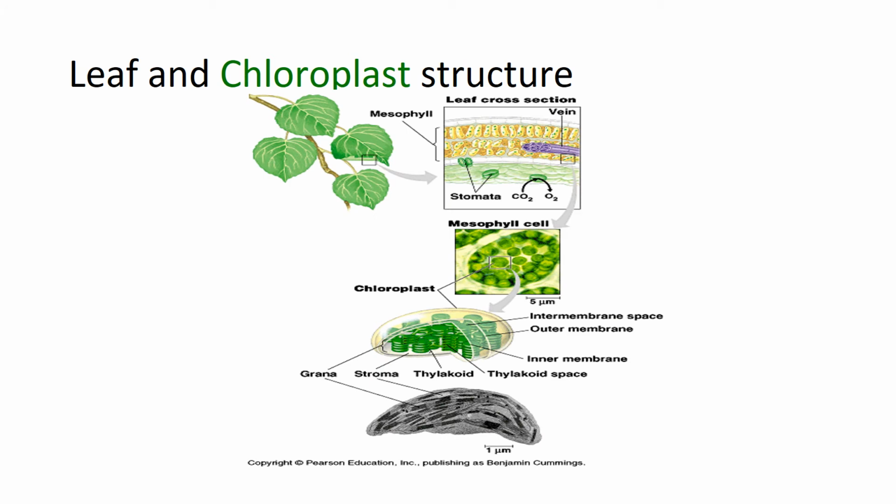And in the Amoeba Sisters video, once again, we talked about the structure of the chloroplast. Where do we find the chloroplast? We find those in cells of plants and some protists and some algae. In plants, generally, we're going to find the cells that contain chloroplasts in the leaves.